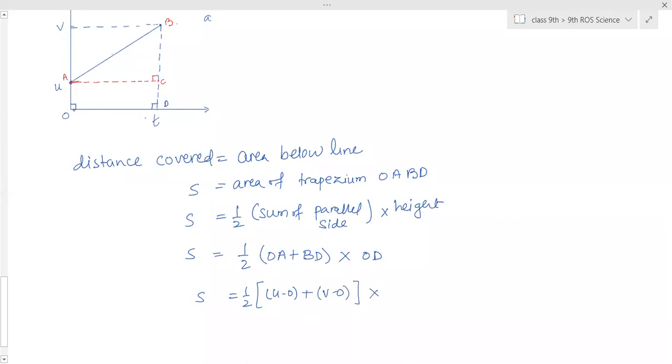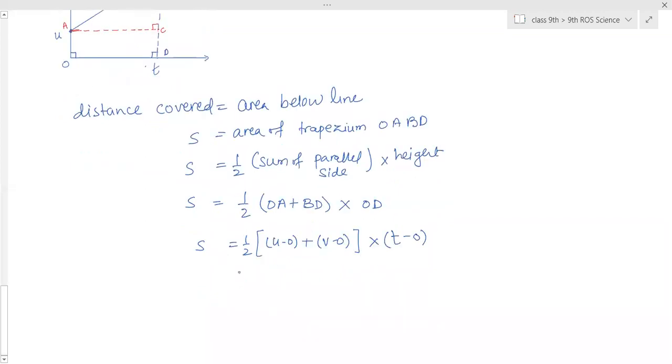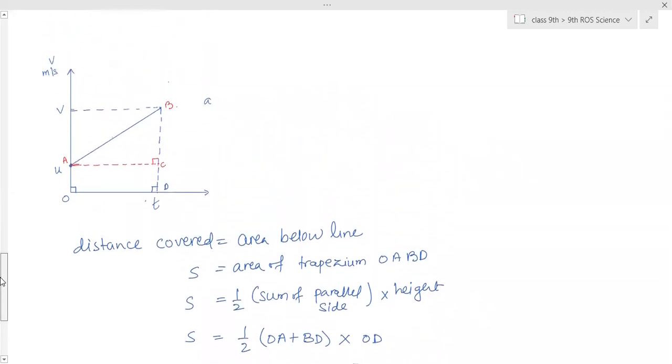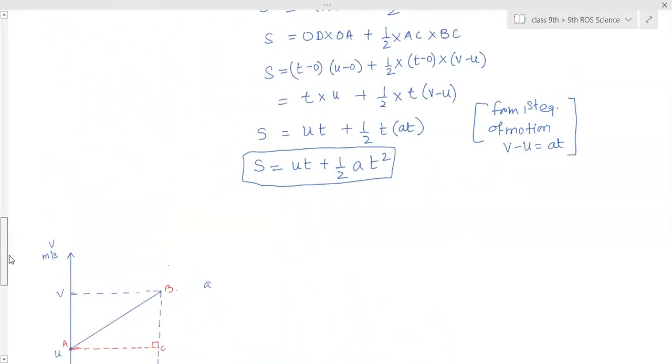OD, O to D, is T minus 0. Now half into U plus V into T. This is S. Now the T value we have to find from the first equation of motion.